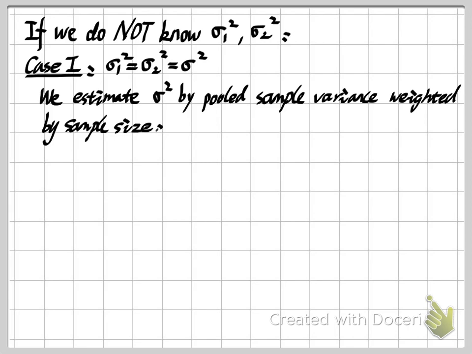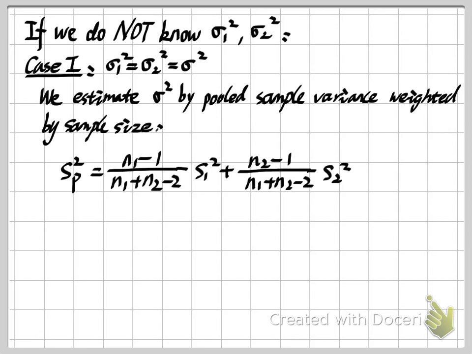So a better way is to use a pooled sample variance weighted by sample size to create our point estimator. Of course, I give the formula for this, S squared P. This is the degree of freedom for the first sample divided by the degree of freedom for the whole sample, so it's n1 minus 1 divided by n1 plus n2 minus 2.